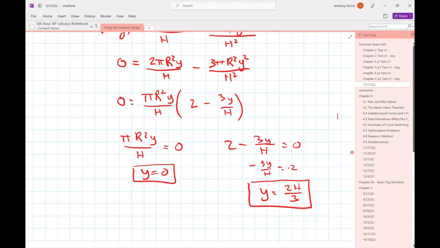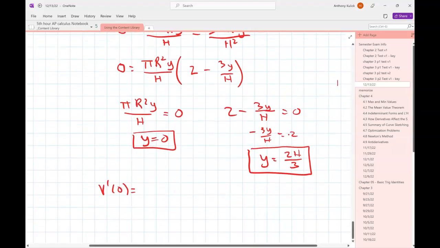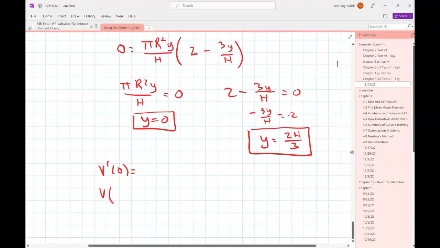Since it's a closed interval, I just need to check the endpoints of my domain and my critical values. Not in the derivative, but in the original, excuse me.